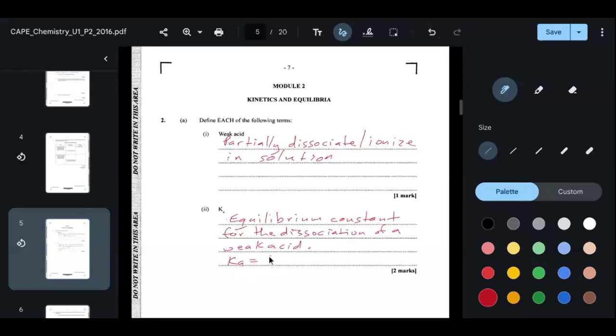H plus over H plus squared, put for a generic acid HA. So I can put for a general acid HA.